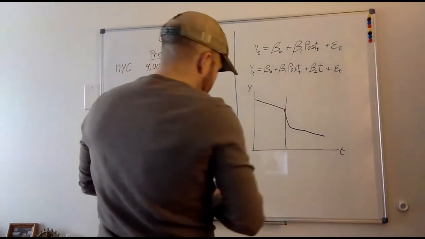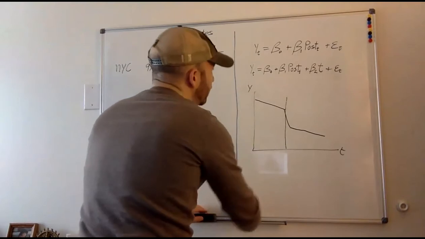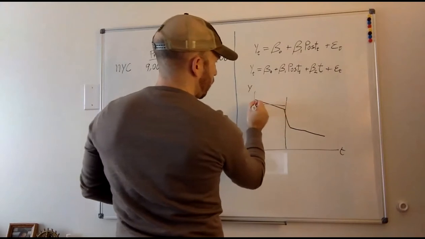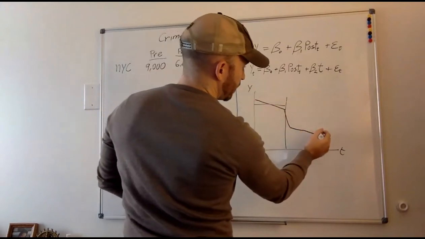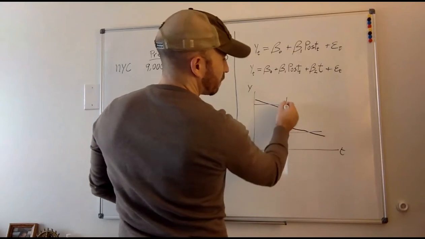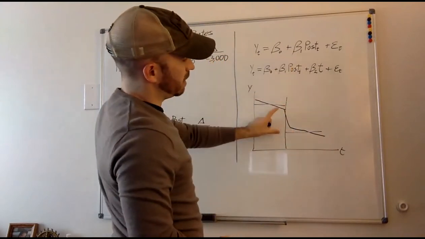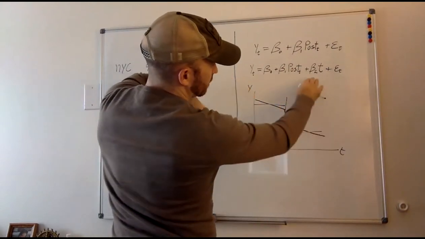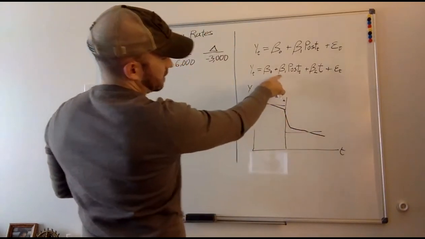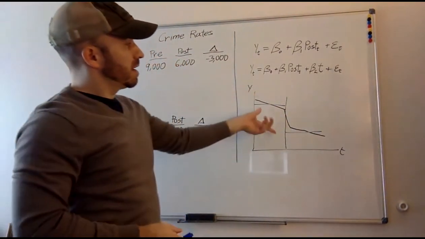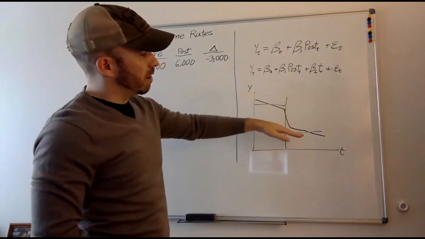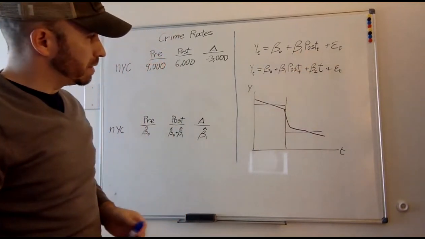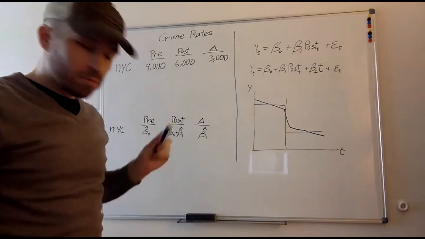Whereas this original equation is just taking the average crime rate over the entire pre-period, and taking the average crime rate over the entire post-period, and taking the difference between them, would be this estimated beta 1. So by fitting a time trend to this, I would get a smaller estimate of beta 1 hat, because I'm not attributing the overall decrease in crime over time to that treatment in period 94. Okay.